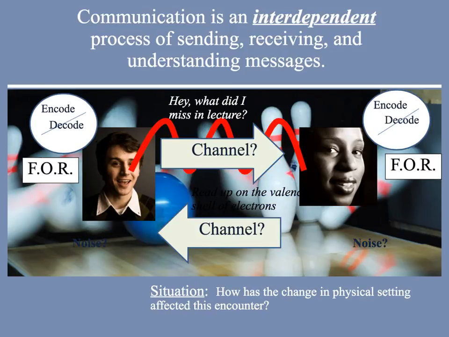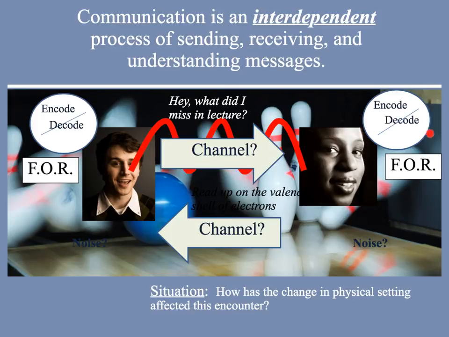And lastly, I changed the situation one more time. This time it's in a bowling alley. Now, both persons have different associations with bowling alleys. Maybe they had birthday parties there as a kid, maybe dates. So they have many different associations with this situation, which is, again, going to lead to different encoding, to a different message.